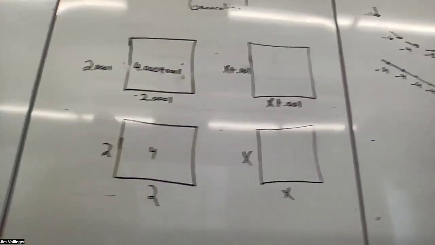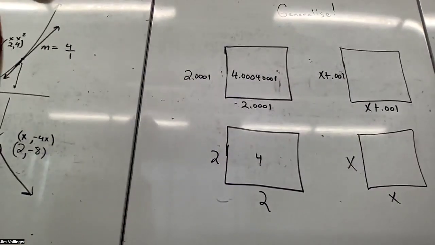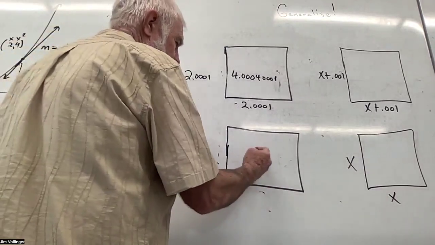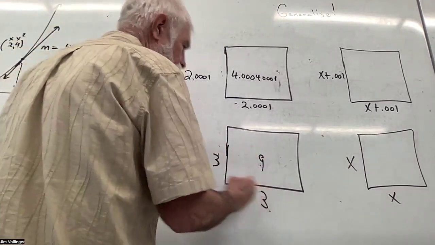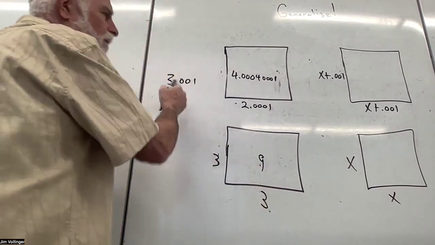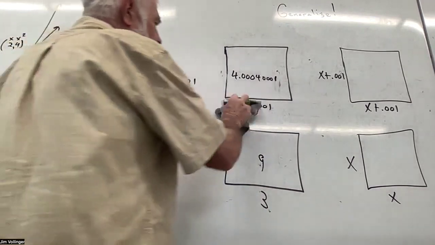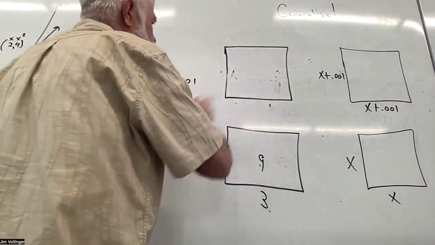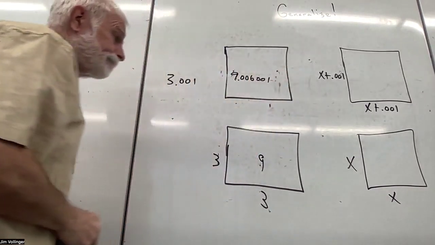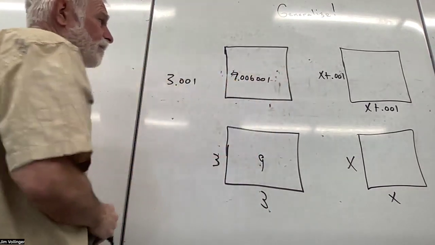So let's change this to a 3 by 3. Okay, so a 3 by 3 gets me 9. And if I put 3.001, we'll keep 3 decimal place accuracy here, I get 9.006001. And I can see a 6-to-1 rate of change.